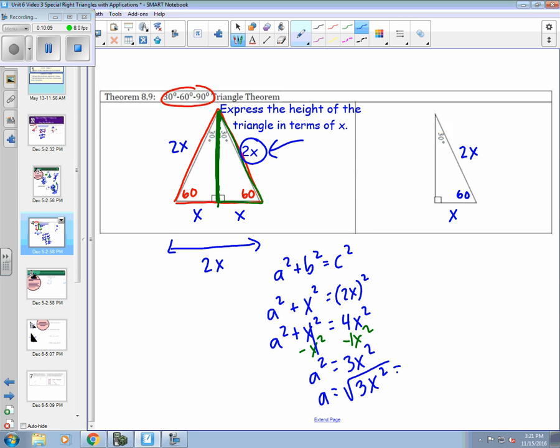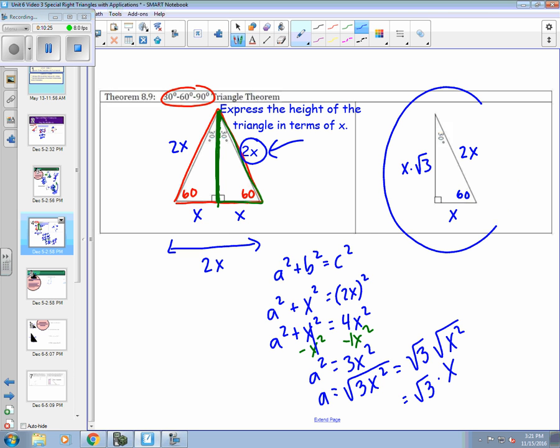Which means we got two things under the square root there, square root of 3 and square root of x squared. Well, we know square root of x squared is just x. So the third side of this right triangle is whatever this side x is times the square root of 3. That's always what you're going to get when you have a 30, 60, 90 degree triangle.